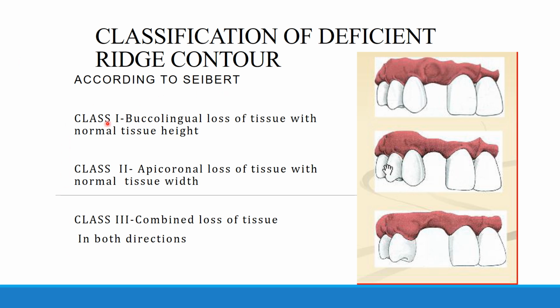Class 1: buccolingual loss of tissue within the normal tissue height. Class 2: apicocoronal loss of tissue with normal tissue width. Class 3: combined loss in both the directions, right?